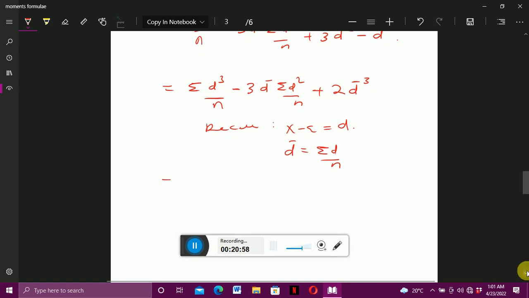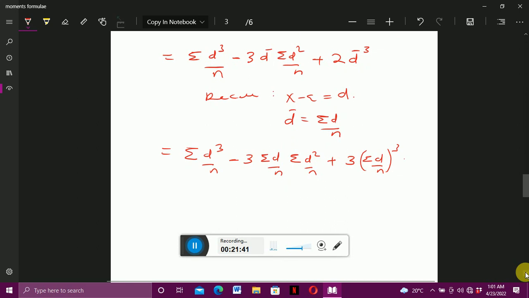So we continue here and say this is sum d cubed over n minus 3 sum of d over n sum of d squared over n plus 3 sum of d over n, and this is actually cubed. So we can now replace d with x minus a.